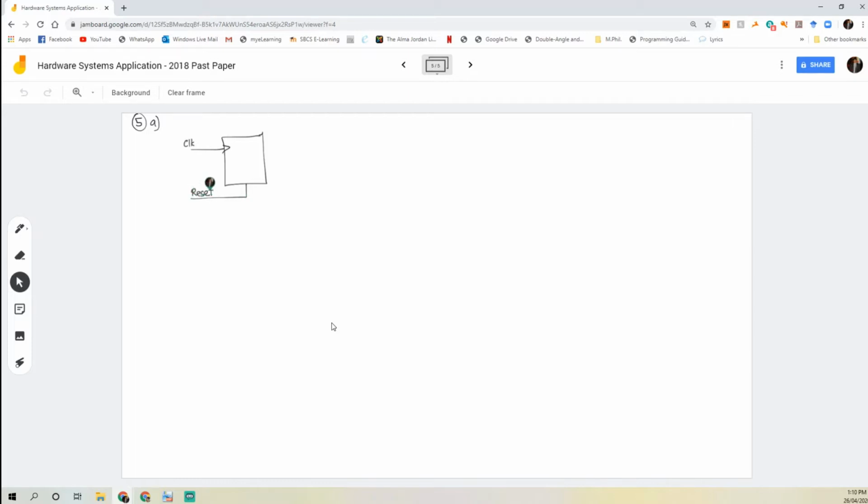Once we're designing using a finite state machine, and once we're designing devices like this, they're going to have a clock and a reset.